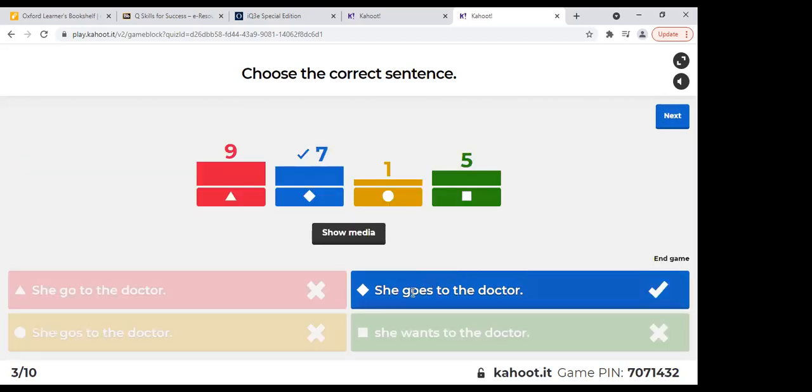She goes, G-O-E-S, goes. And why not she go? Because she goes with the S. We add the S, or ES, when we're using she, he, and it.